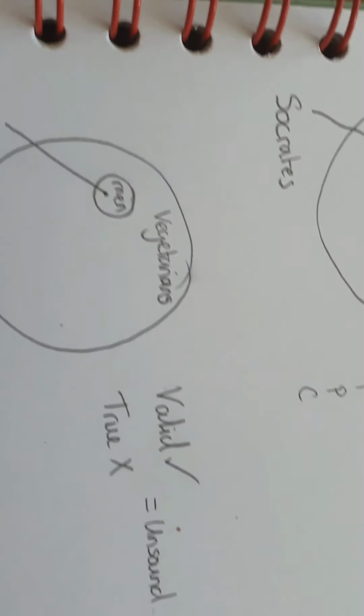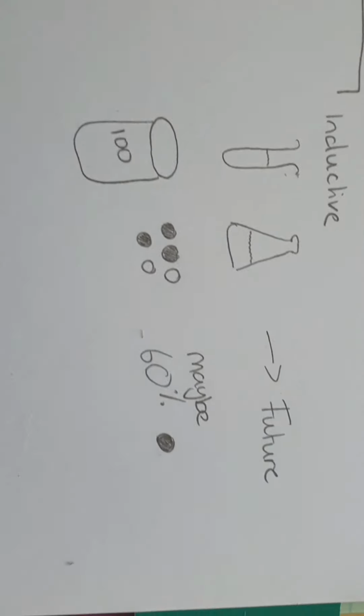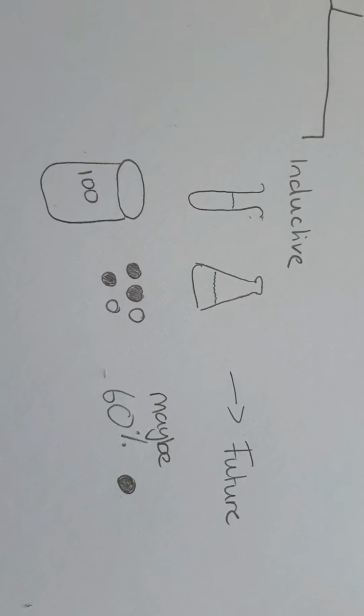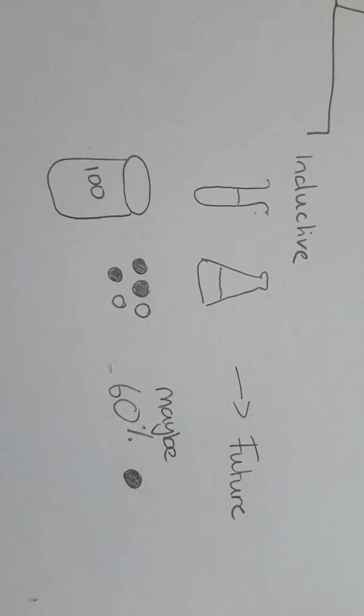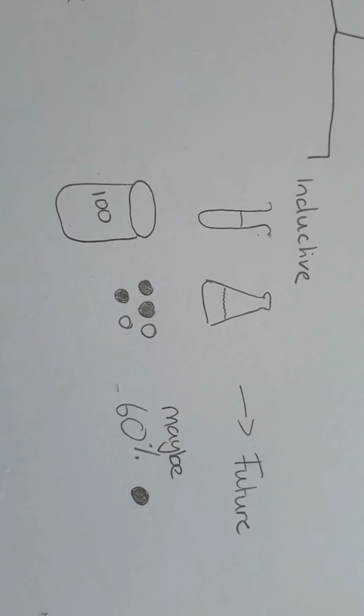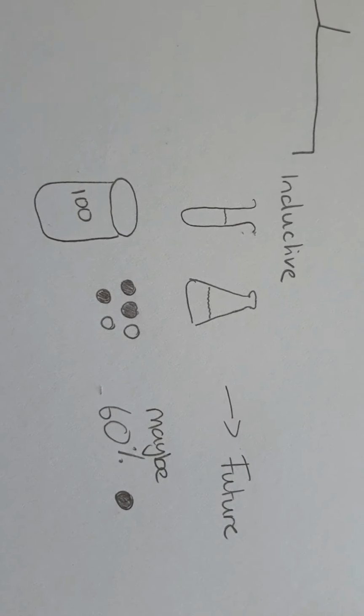And finally, let's go back to inductive arguments. So I say more like the scientific method. You perhaps come up with a hypothesis, you gather evidence, and then you test your evidence and make predictions about the future. That's a simplified version of the scientific method. And inductive arguments are quite similar.